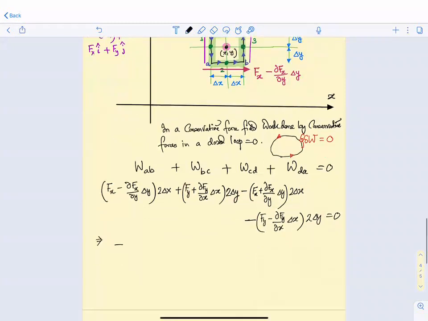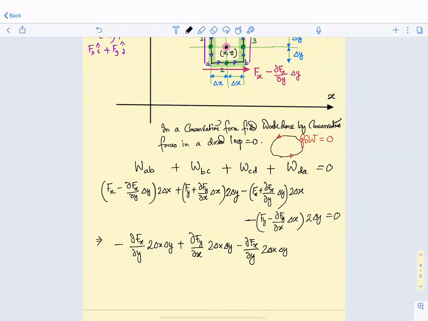So we will be left with minus del fx by del y into twice delta x delta y, plus del fy by del x, again twice delta x delta y, again minus del fx by del y times twice delta x delta y, again plus del fy by del x twice delta x delta y, is equal to 0.